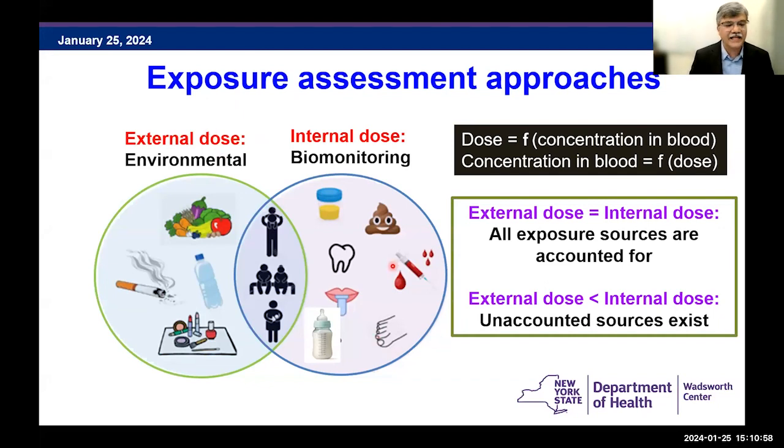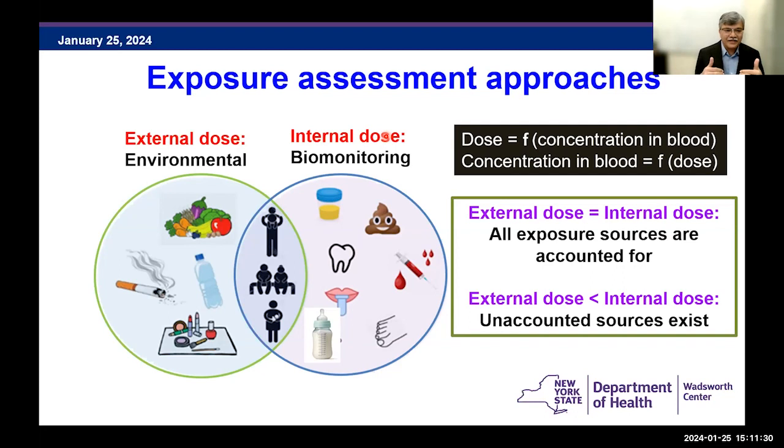And biomonitoring is basically measuring chemicals in urine, saliva, feces, breast milk, blood, toenails, all kinds of biological specimens. And the concentrations that you measure from these biospecimens can be used to calculate the internal dose of exposure. So now we have exposures calculated from two different approaches, external dose and internal dose.